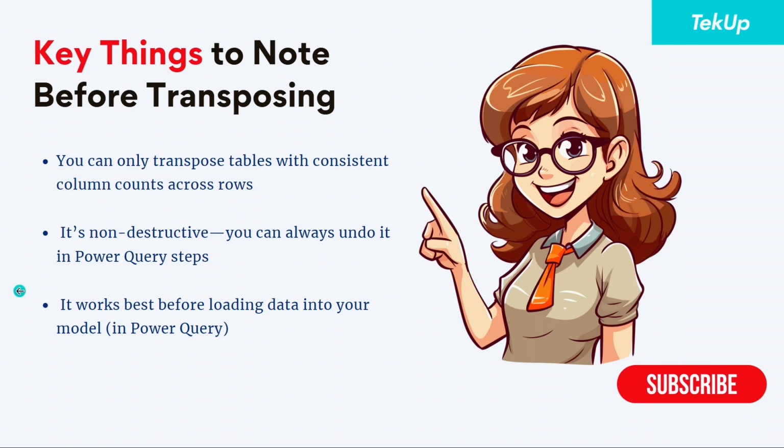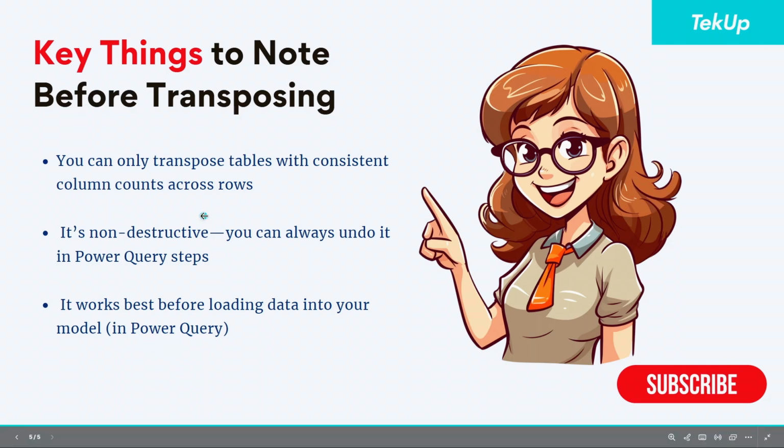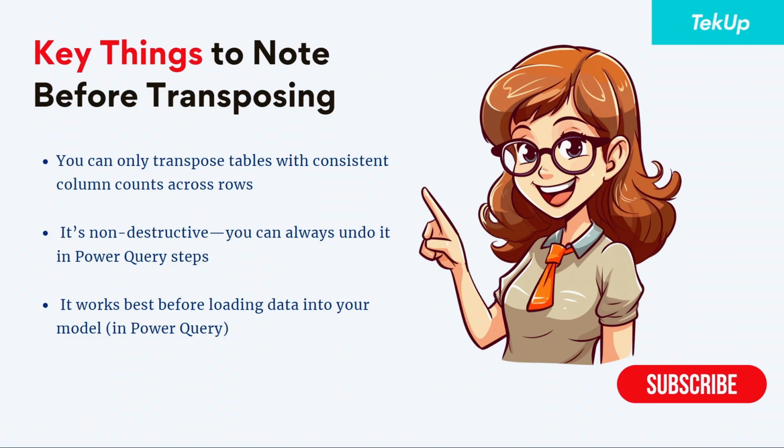You can always undo it in your Power Query steps. We'll show this in the practical section. Another thing to know is that transpose works best before loading data into your model in Power Query. Now let's go over to our practical section and see how we can transpose in Power BI.